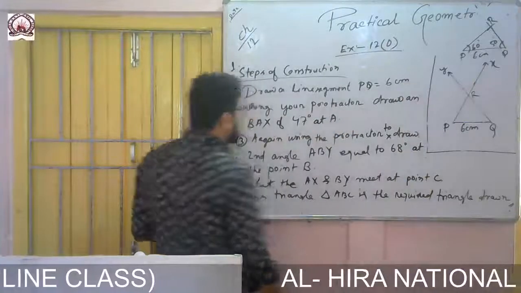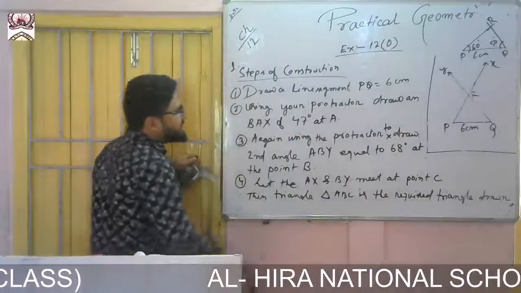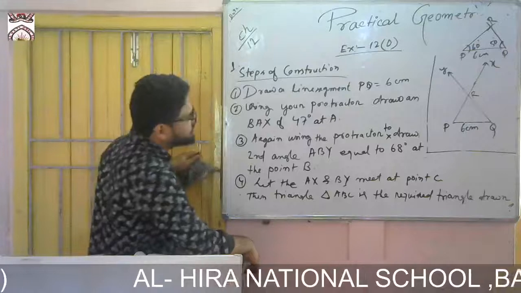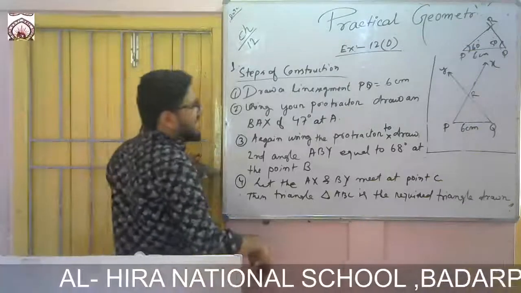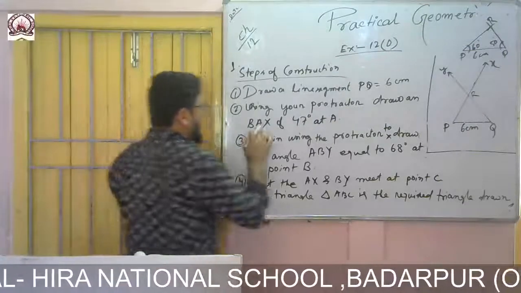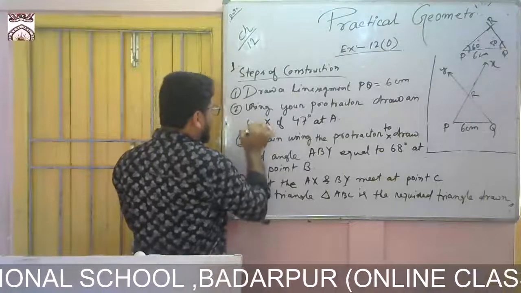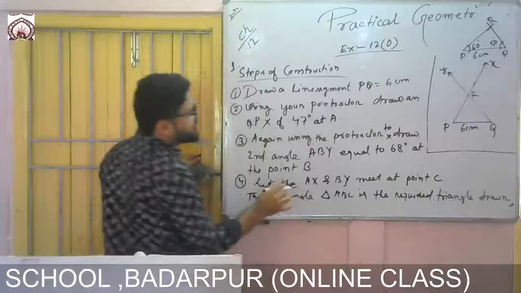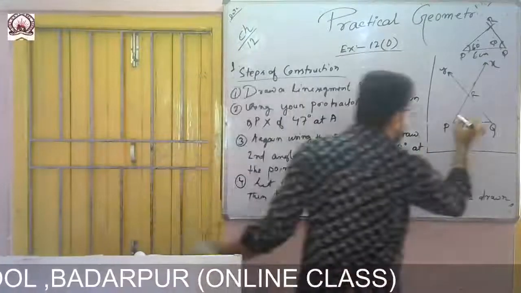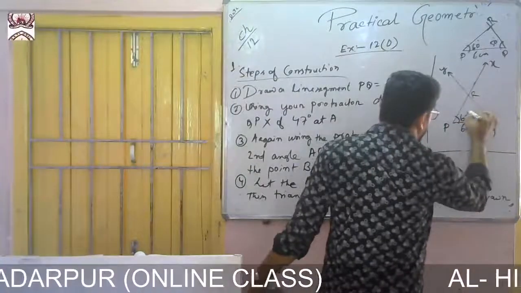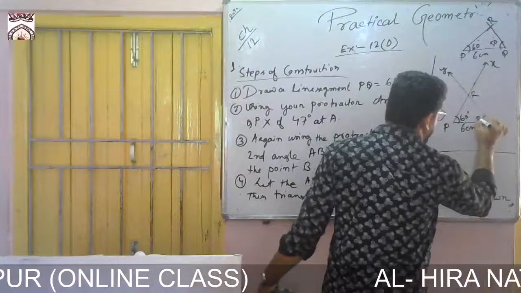Then using your protractor, angle QPX equals 60 degree. This one, 60 degree, you have drawn, and this one 50 degree.